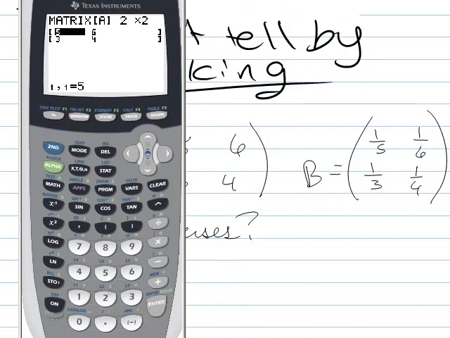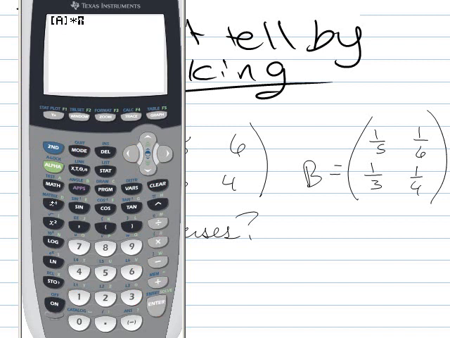Here's my 2 by 2 of 1/5. Can I do that? Yes. 1/6. That's not a 6. 1/6. 1/3. 1/4. Now, as an instructor, you can't imagine my terror at the thought that maybe accidentally these are inverses of each other, but if they are, that's quite ridiculous. I don't think they are.